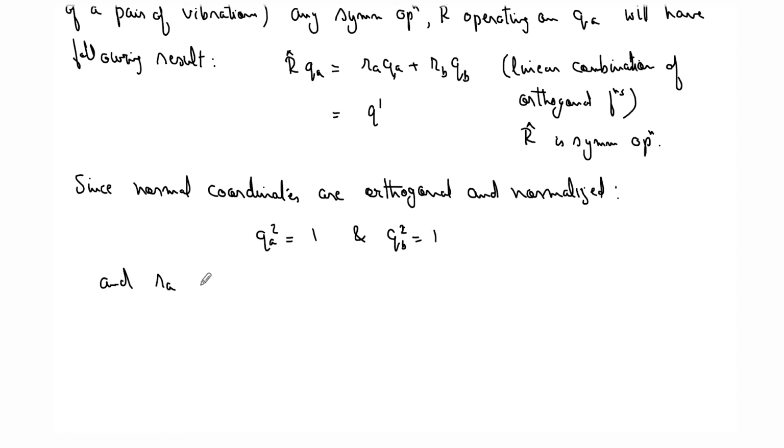And then my RA and RB are so chosen that Q prime square is also equal to 1, because this also has to be normalized, right? This is the normalization condition. So Qi square is also 1. So whatever is the value of Qi, like if I'm operating a symmetry operation onto Q prime, if I square this, I will always get 1, right?